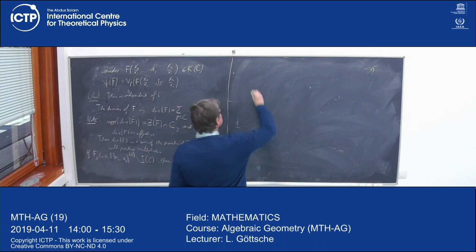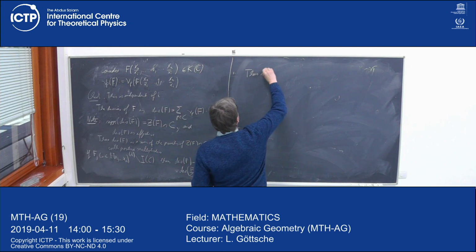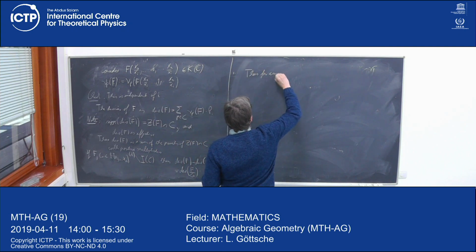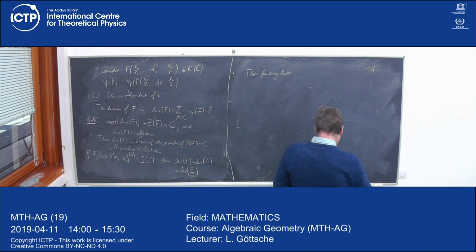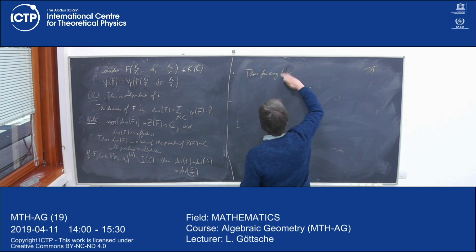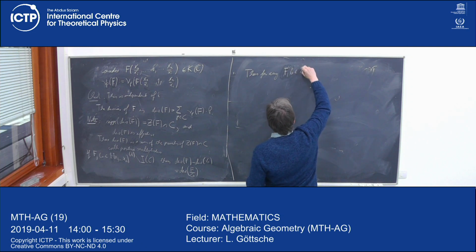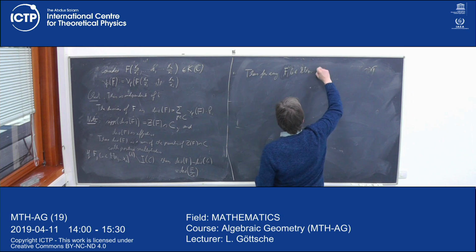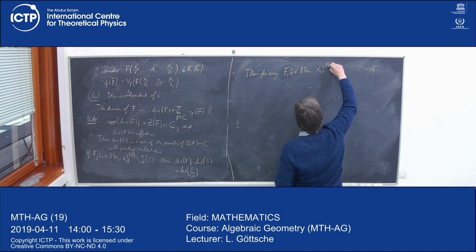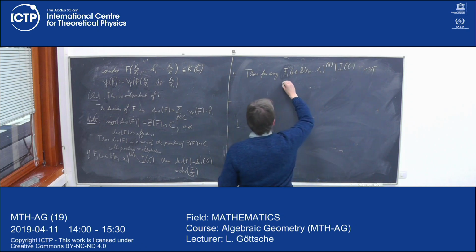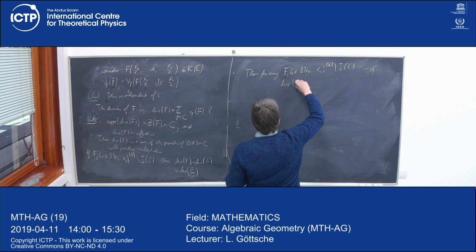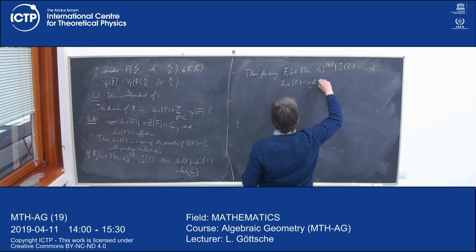So thus, for any two f, g in k[x0, ..., xn] of degree d, the divisor of f is linearly equivalent to the divisor of g.